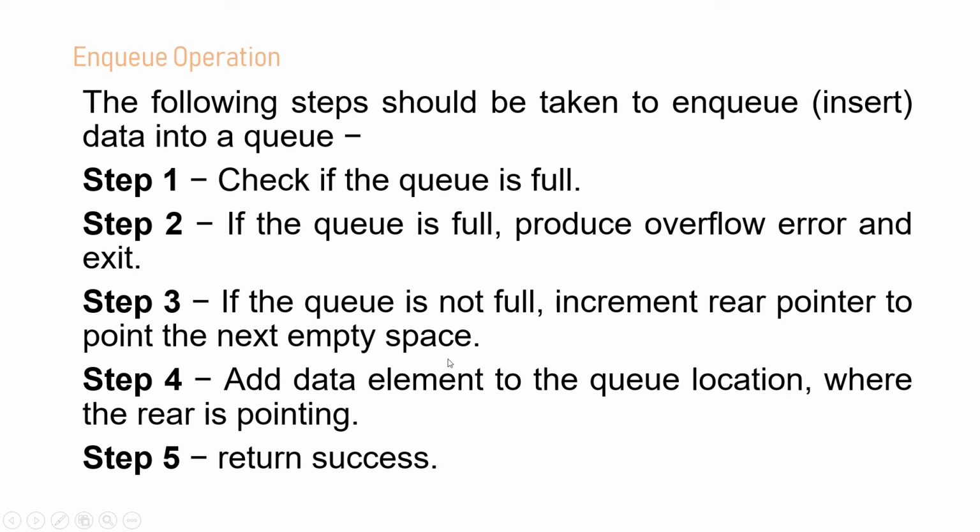Doon mo ipapasok itong panibagong data sa next empty space na tinuturo ng iyong rear pointer. So, after that, pag na-add na siya doon, saka kayo mag-return ng success message na ibabato mo sa screen, which can be a cout function, cout message using your code na nagsasabi na item already enqueued, na nadagdag siya dun sa queue mo.